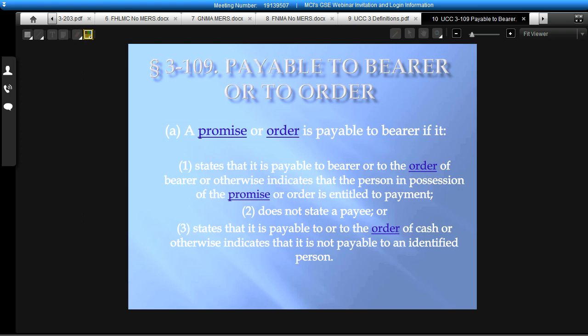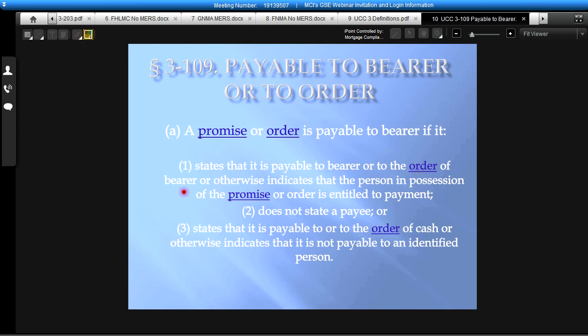Under Uniform Commercial Code, Article 3-109, payable to bearer or to order. A, a promise or order is payable to bearer if it 1, states that it is payable to bearer or to the order of bearer, or otherwise indicates that the person in possession of the promise or order is entitled to payment.